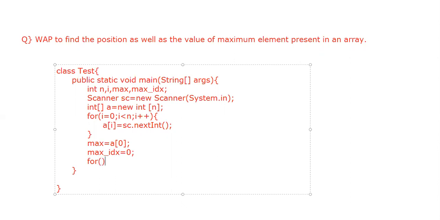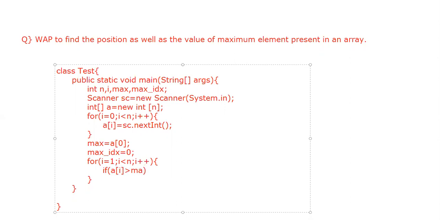Then again we will run the loop for i is equal to 1, i less than n, i plus plus. If a[i] is greater than max, so I am getting an element which is greater than our previous max, then what I need to do is I need to just say max is equal to a[i], and max idx is equal to i.